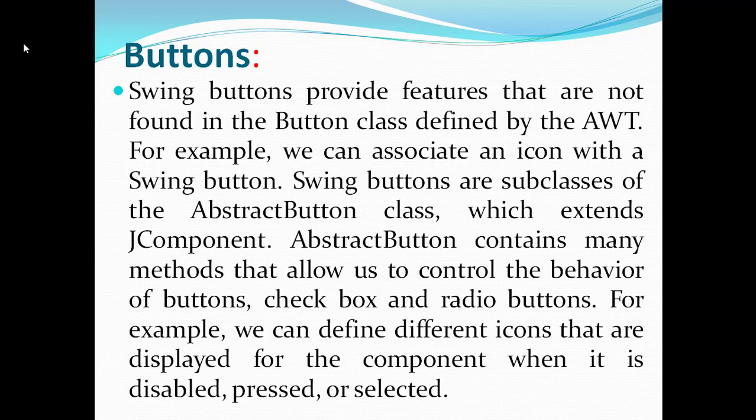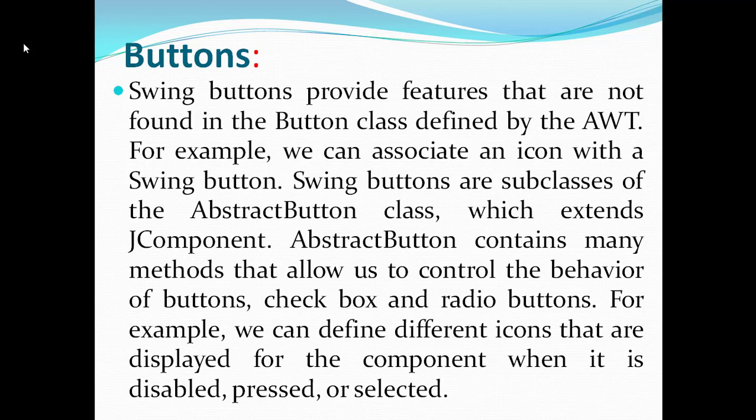Swing buttons provide features that are not found in the Button class defined by AWT. For example, we can associate an icon with a Swing button. Swing buttons are subclasses of the AbstractButton class, which extends JComponent.